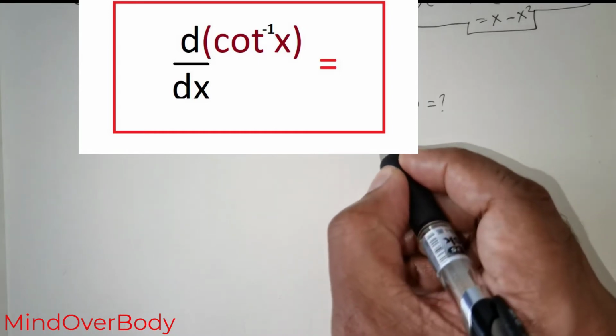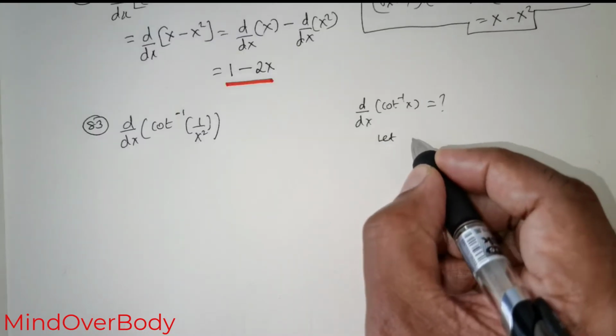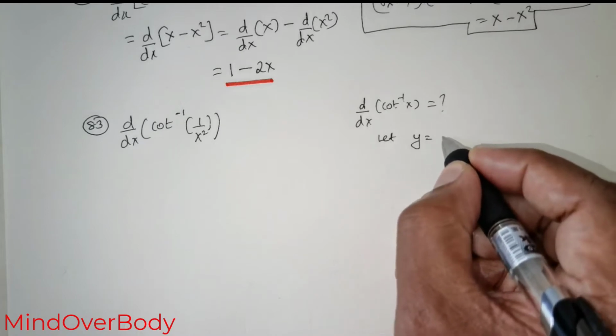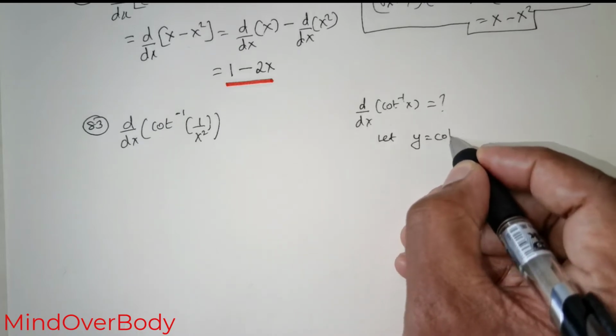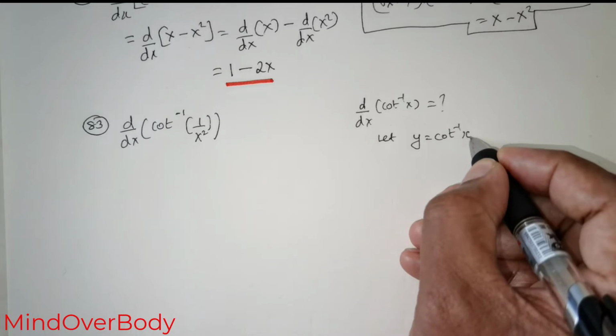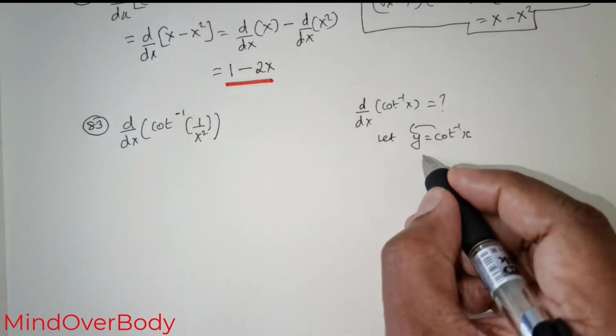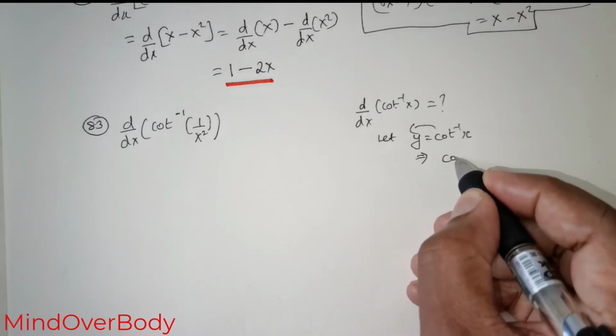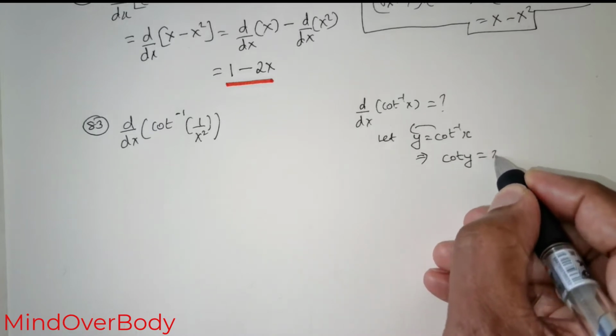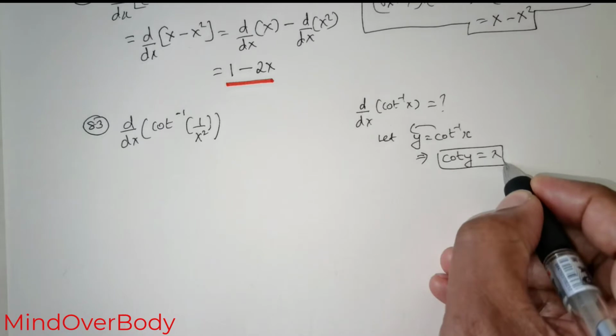First, let us assume that we are expected to find the derivative dy over dx for y equals cot inverse of x. If I move this cot inverse to the left side, I get cot of y is equal to x. This is fair enough, right?